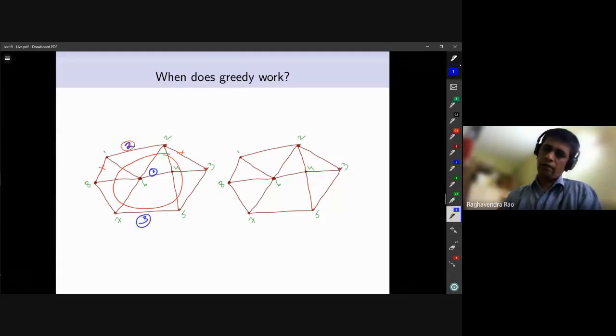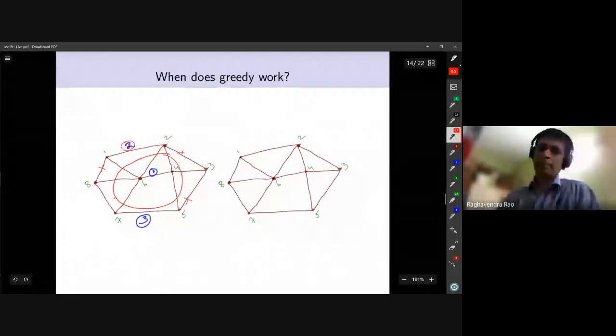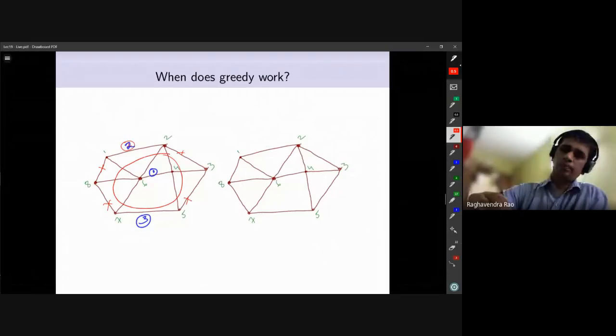I still have... So can I go further? With this choice, I have exhausted everything, right? All the edges are gone. Now nothing remaining. So all these edges are gone.